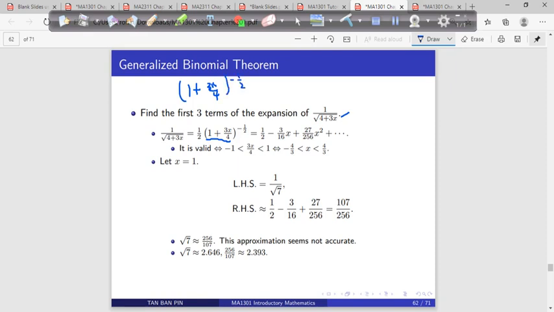So you need 3x over 4 between minus 1 and 1. And this is the same as x between minus 4/3 and 4/3.